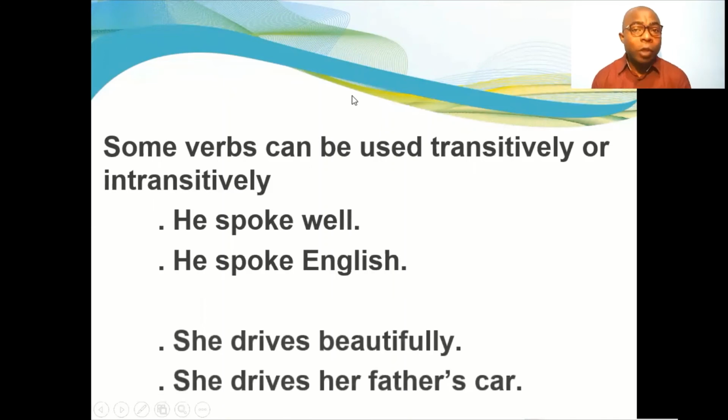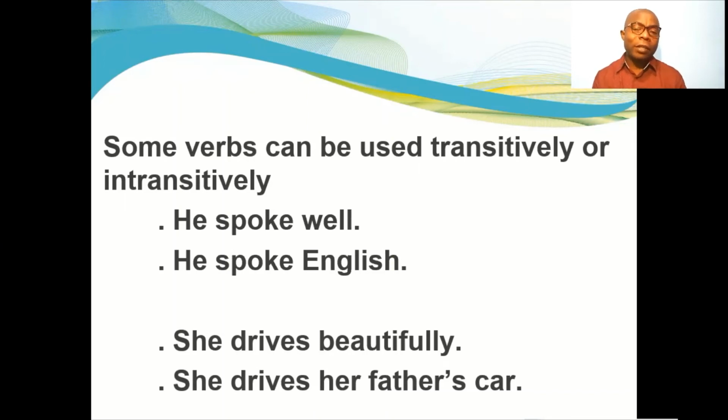She drives beautifully. In that example, drives is used intransitively because beautifully does not answer the question, what? It answers the question, how? Now, she drives her father's car. Her father's car actually answers the question, what does she drive? So in that one, drives is used transitively.